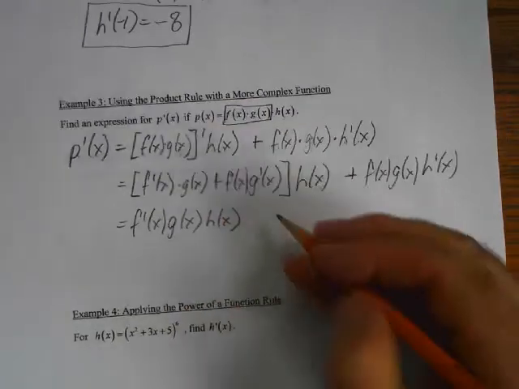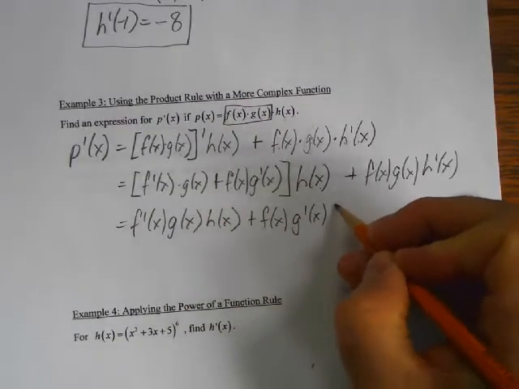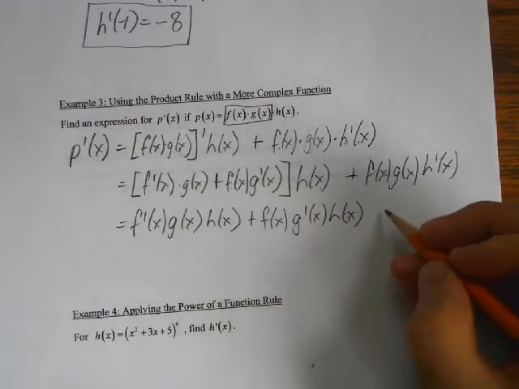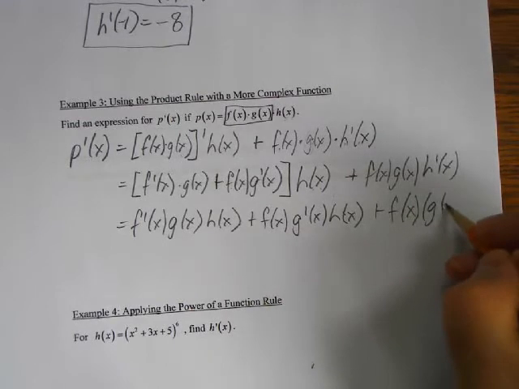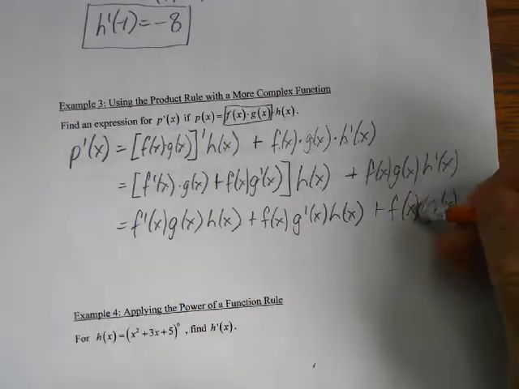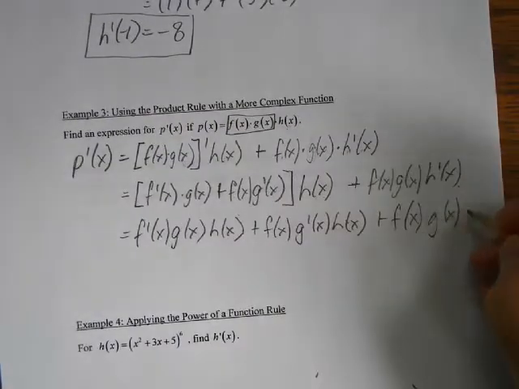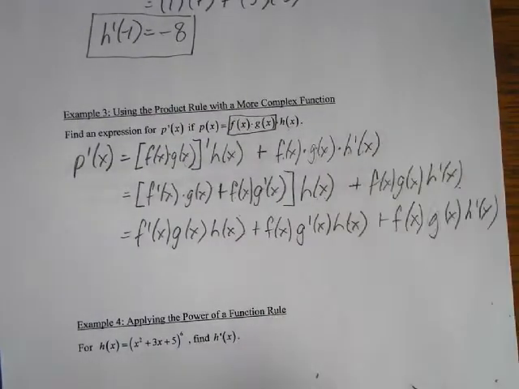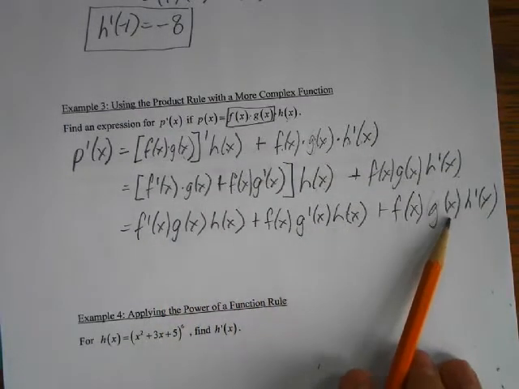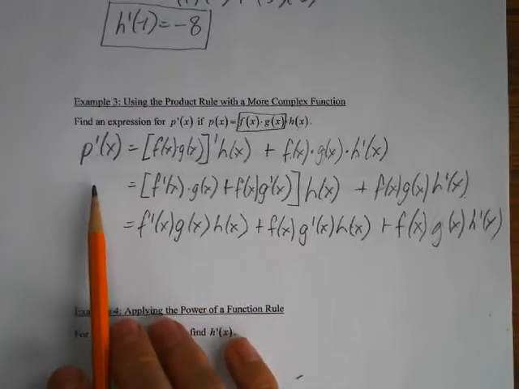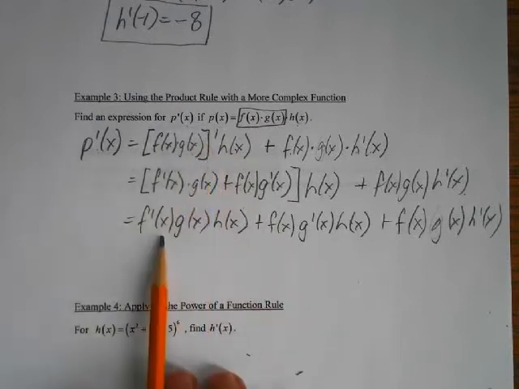And then plus f of x, g prime of x, h of x, plus this thing here, f of x, g of x, h prime of x. So this sort of makes sense. I've got three products for the derivative of this three product function.